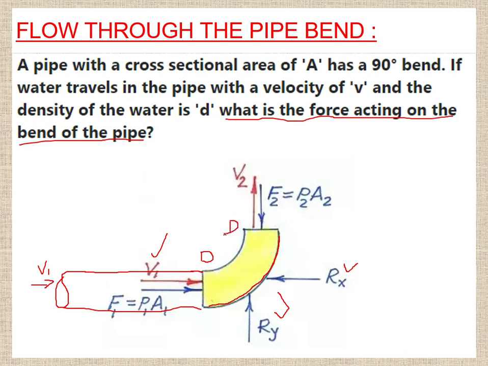But if it is a reduced elbow, the diameter at the inlet is d, so the diameter at the discharge will be small d. The discharge diameter will be reduced.